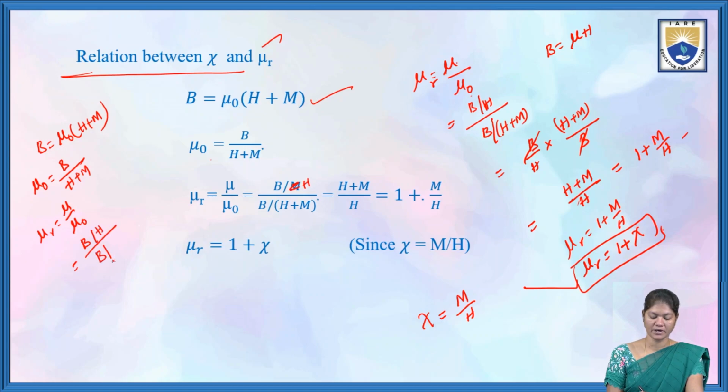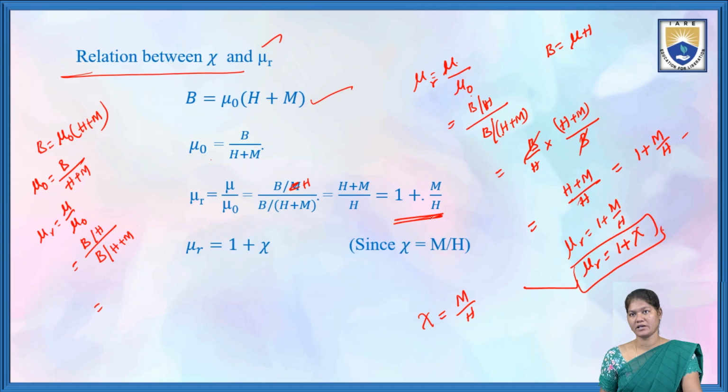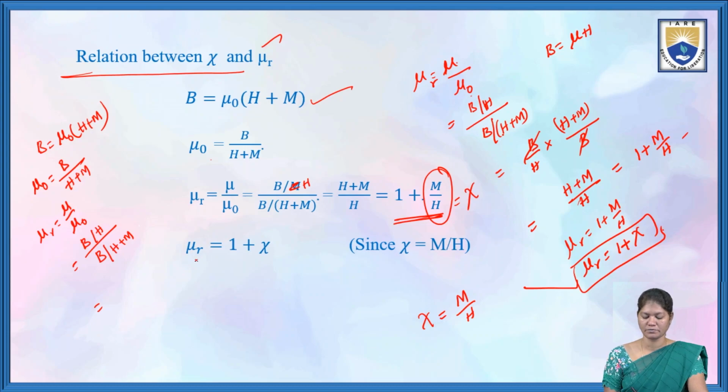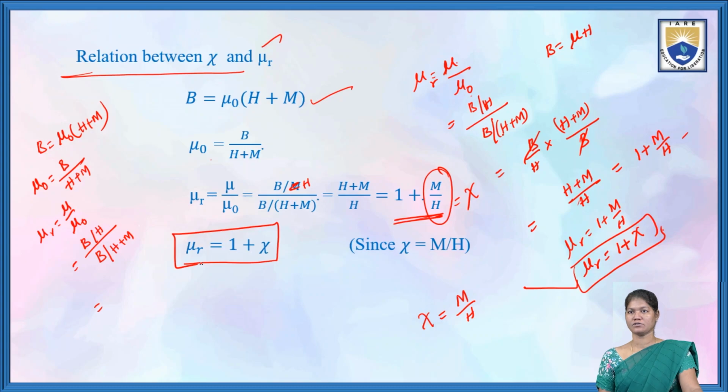So simplifying this, we get 1 plus M by H, where M by H is the susceptibility, so that mu r is equal to 1 plus susceptibility. So this is the relative permeability and susceptibility relation.